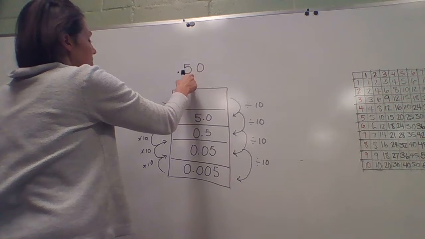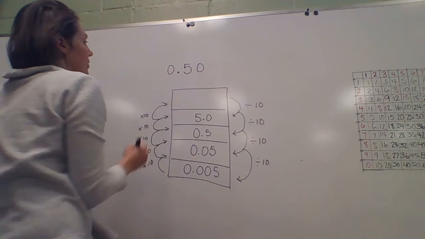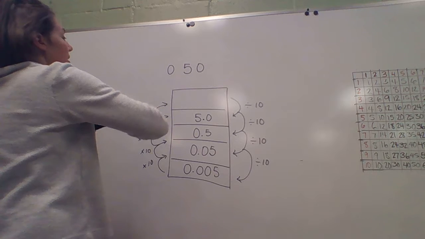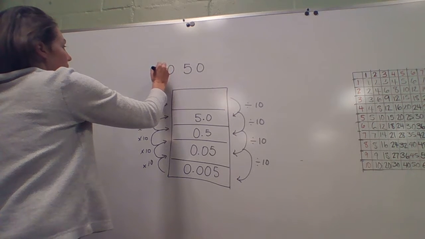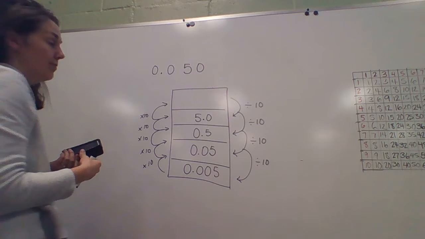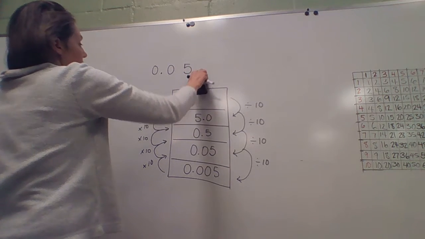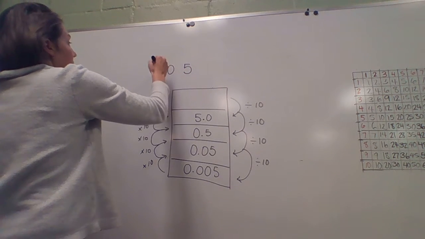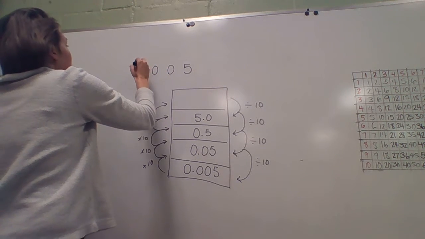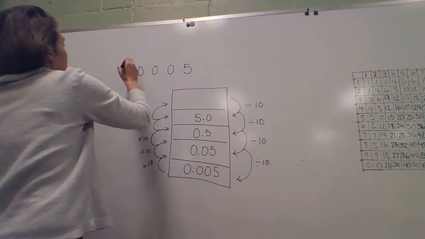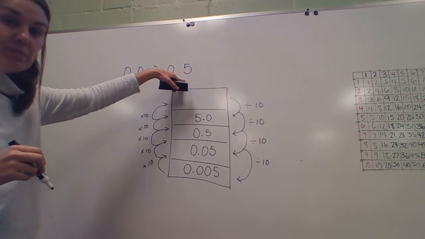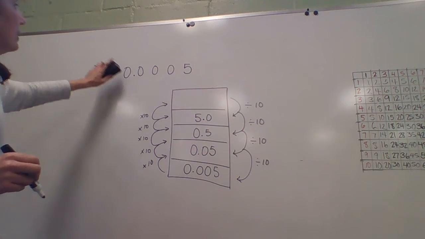So now instead of 5.0, I have 0.5. Now if I divide by 10 again, I'm going to move that decimal place one more over. Now I have 0.05. If I divide by 10 again, I'm going to move that decimal place one more over. And I'm going to get a 5 in the thousandths place, or 5/1,000.